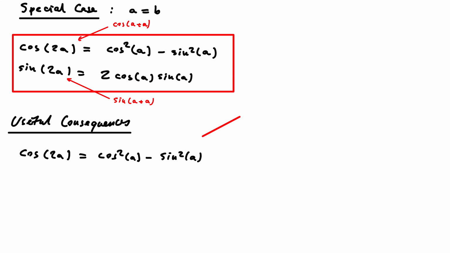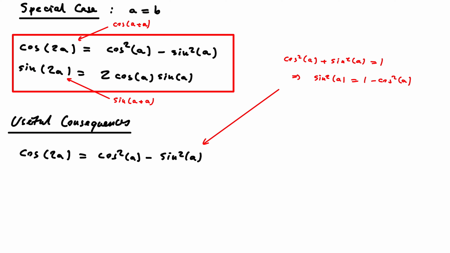So let's remind ourselves that cos squared of A plus sine squared of A is equal to 1. So this implies, let's solve this for sine squared. It's 1 minus cos squared of A. So I could actually substitute that into this formula, couldn't I?